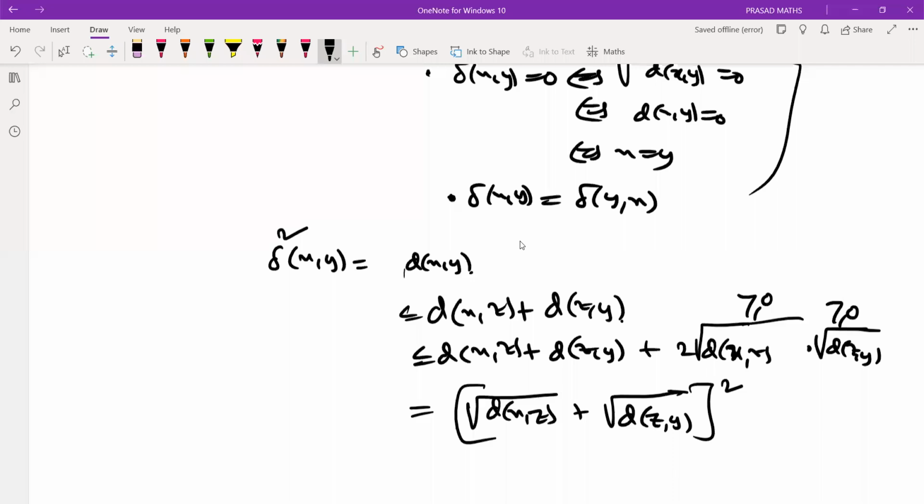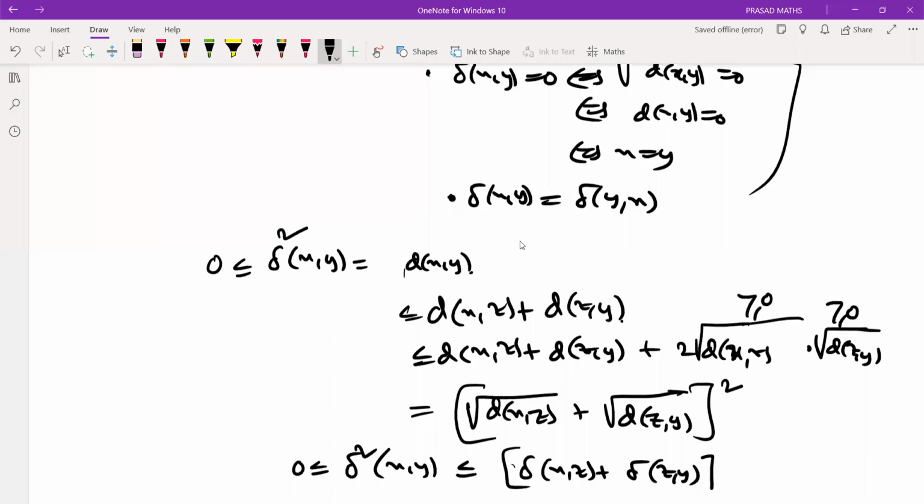Right? So this is non-negative. So delta square is less than or equal to, what is this? This is d of x comma z plus d of z comma y, this whole square.